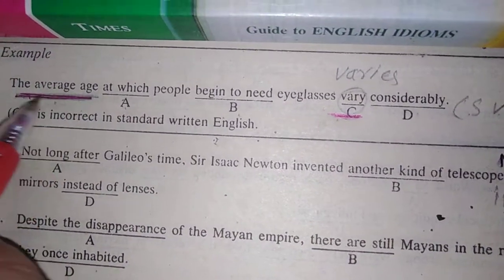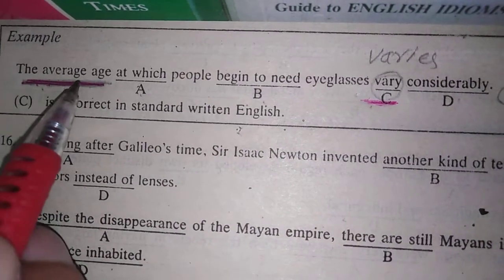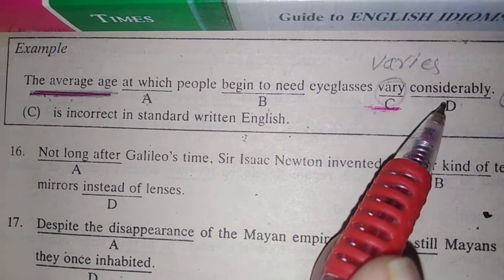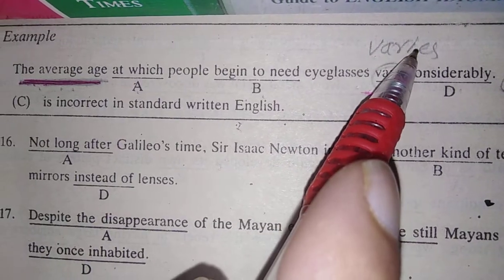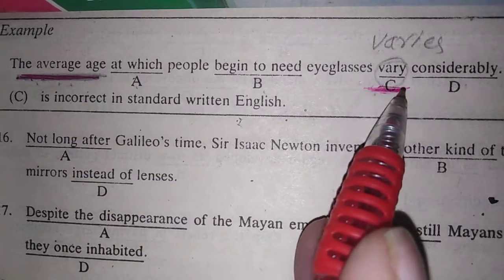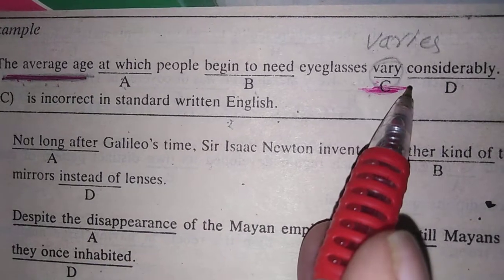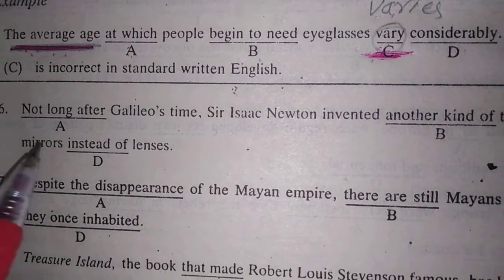Here we have a third person singular subject. The average age varies considerably, so we need varies, third person singular. So this is editing, and proofreading. Okay, the next one.